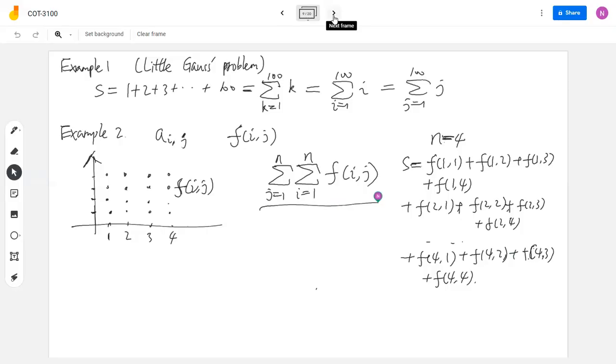Let me check your understanding of this. What if I'm doing a summation like this, f_ij, j equals 1 to i, i equals 1 to n? So what is the meaning of this?